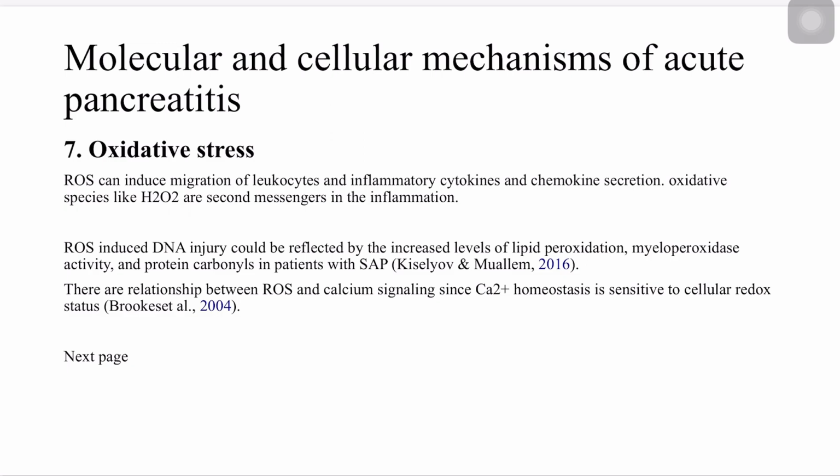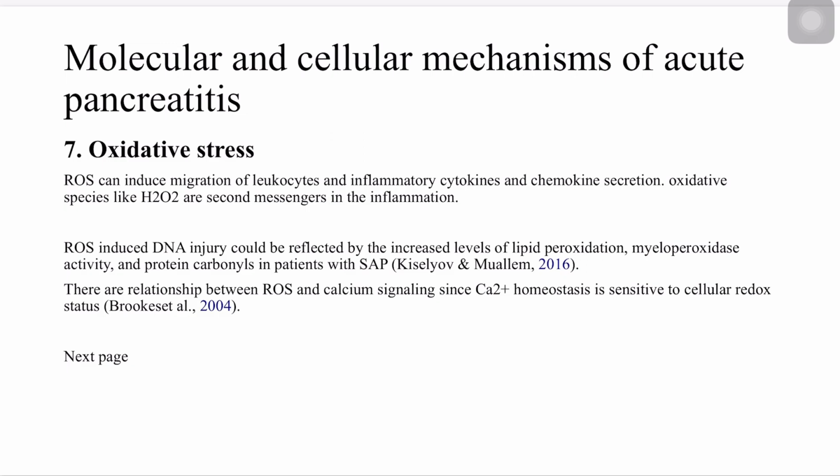It can activate the inflammatory cascade. Also, ROS induce DNA injury because it can react with the DNA, and could be reflected by the increased level of lipid peroxidation. Also myeloperoxidase activity and the protein carbonyl in the patient with SAP are also increasing.